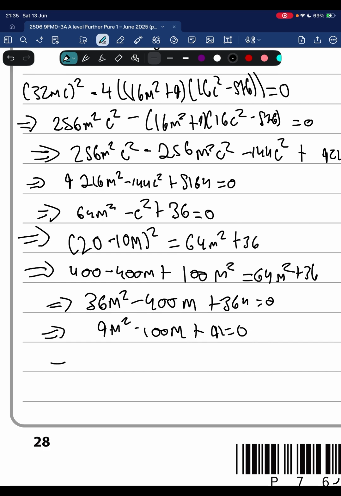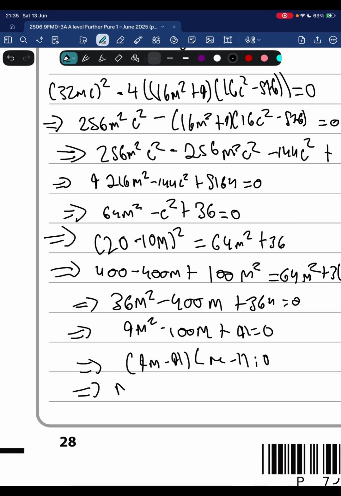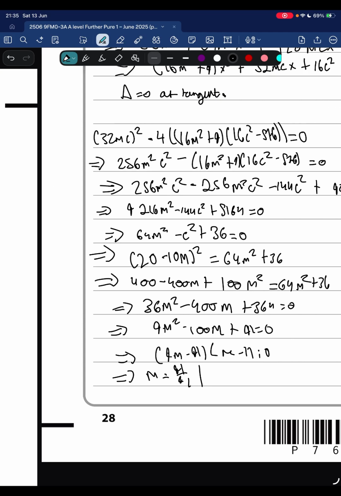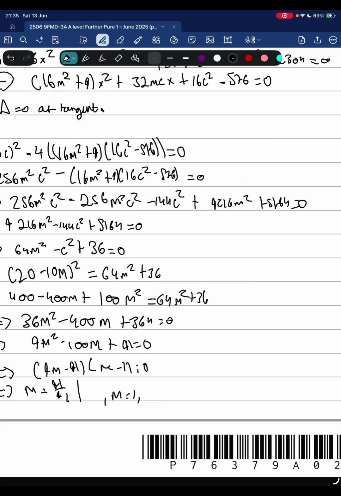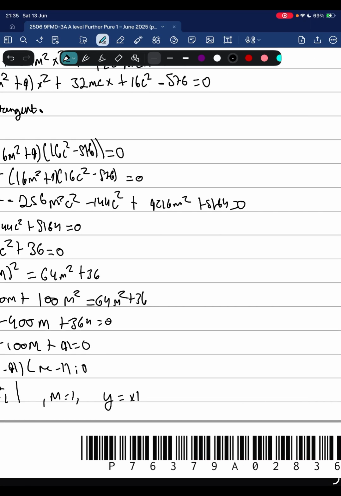Now this factorizes into (9m minus 91)(m minus 1) equals 0. So m equals 91 by 9, or 1. So we want to plug in to c. So if m equals 1, y equals x plus 10.